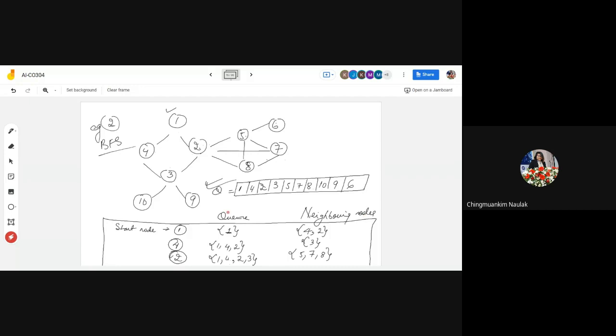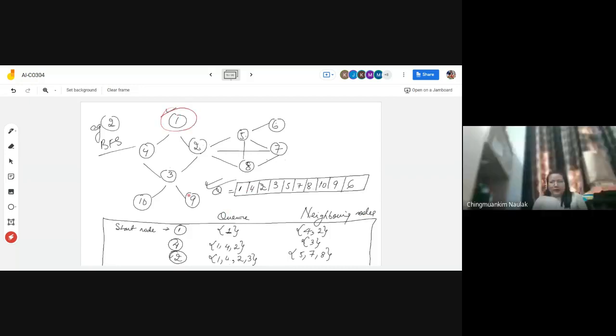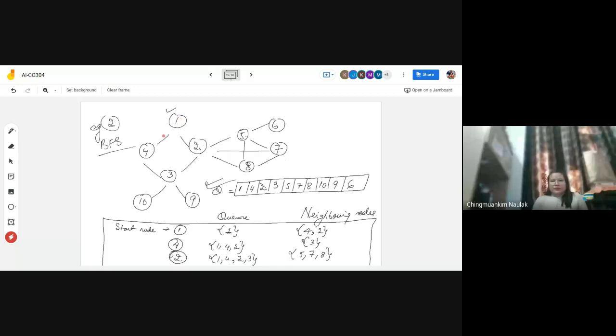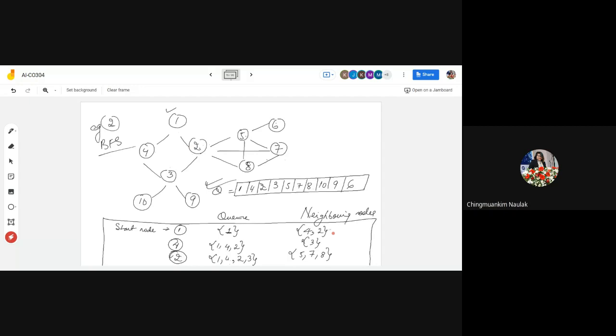First, what I'm going to explore is node 1. So I'm writing it here under the queue, and as the definition says, you have to explore the adjacent nodes. The neighboring nodes of 1 are 4 and 2 only, so I write 4 and 2 here.